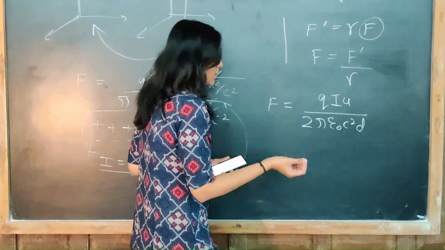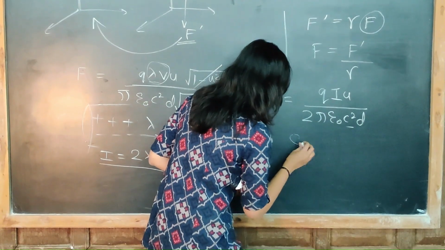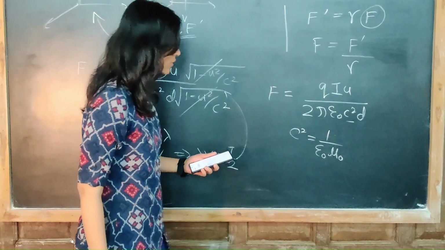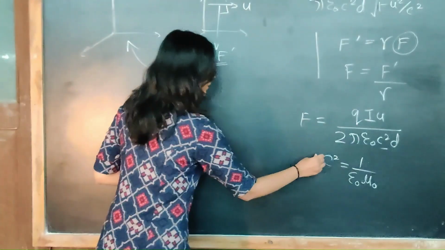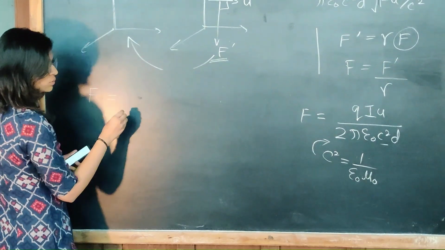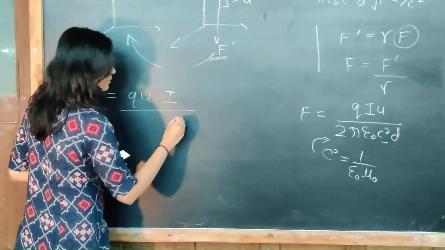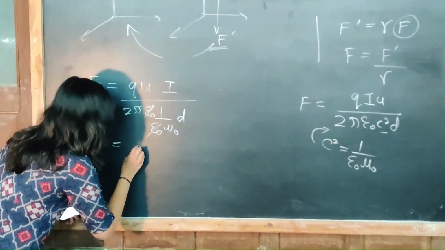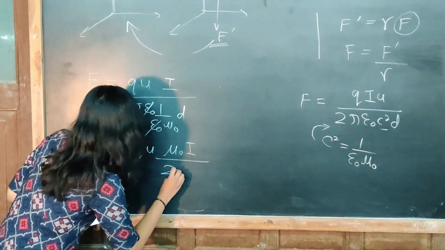Again, Maxwell's equations: what is the value of c square? It is 1 over epsilon naught mu naught, the constants. So now I am substituting the value of c square in this. I get finally F is equal to q u I upon 2 pi epsilon naught times 1 over epsilon naught mu naught times d. That's how you get q u mu naught I upon 2 pi d.